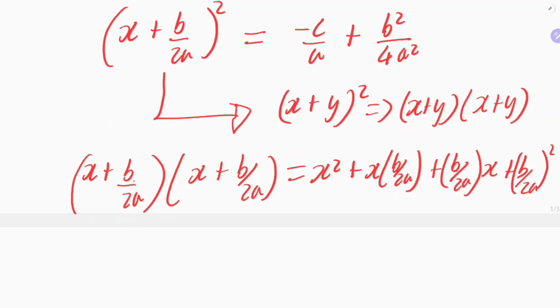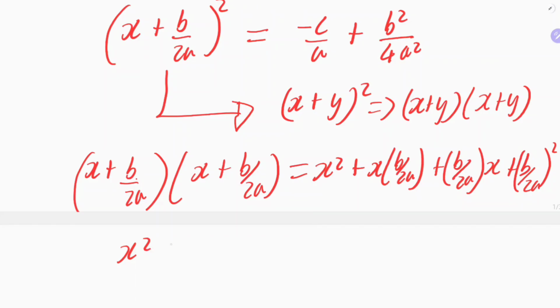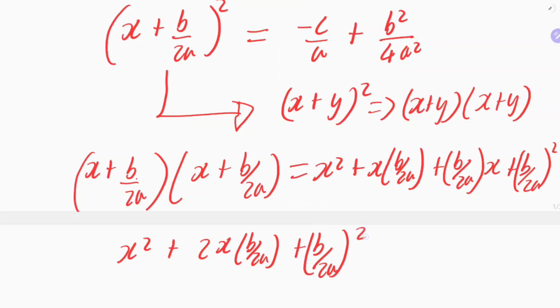If we look at this now, what do we see? We see that these two are basically added, which gives us x squared plus 2x times b on 2a plus b on 2a all squared.